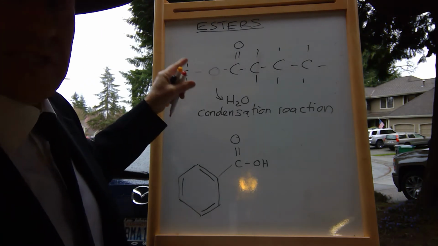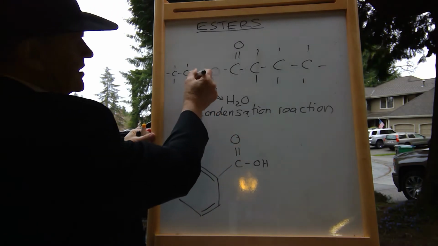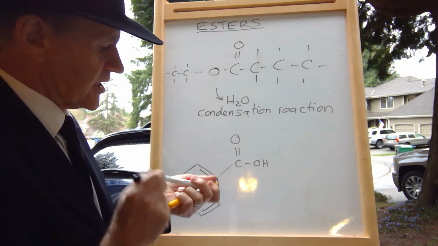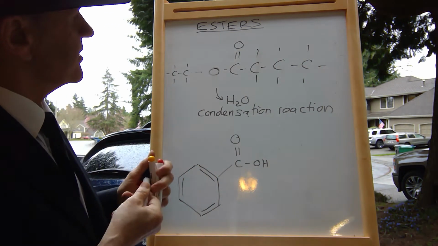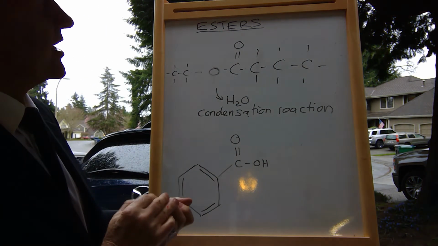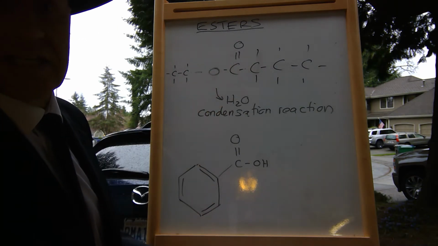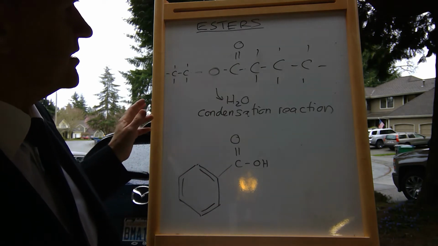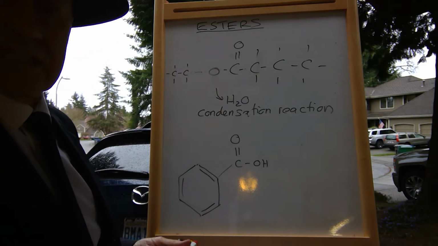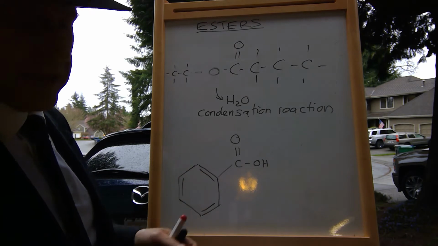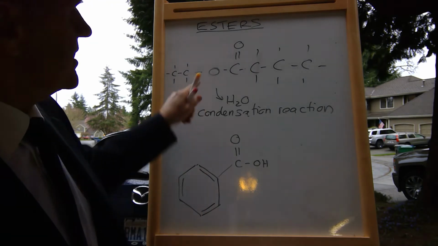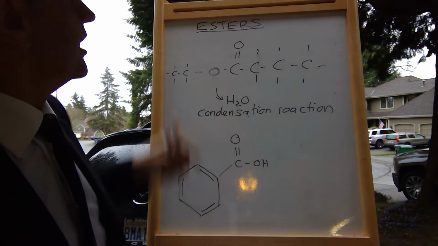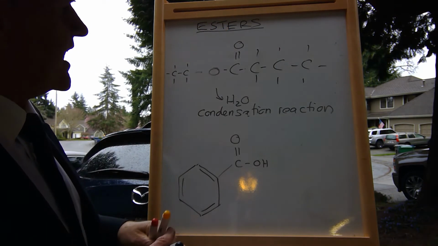Now notice the way you tell an ester is that it's got an oxygen atom here in the middle, just as if it's an ether, but you also have that double bond oxygen coming off the side, like maybe an aldehyde, but now it's in the middle of the chain, so maybe a bit like a ketone. But together, they don't make an aldehyde, a ketone, or an ether. They make an ester. If you see this combination of an oxygen in the chain and a double bond oxygen off to the side, you know that that's an ester.